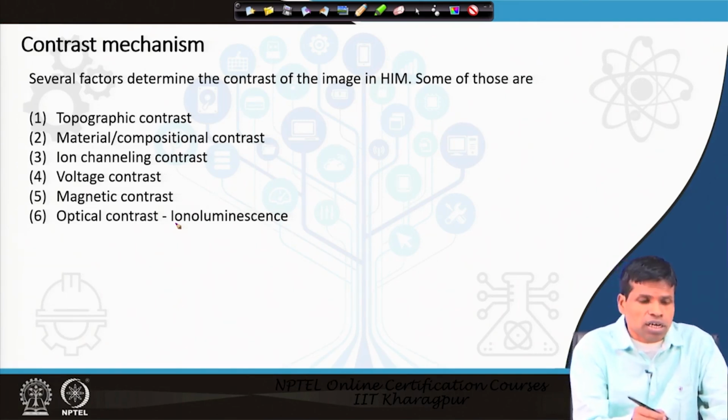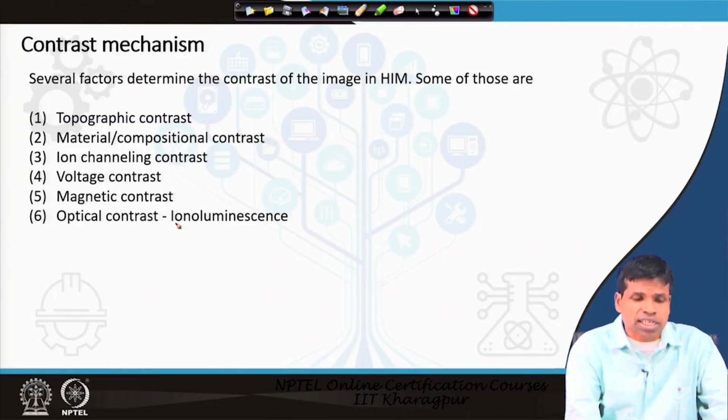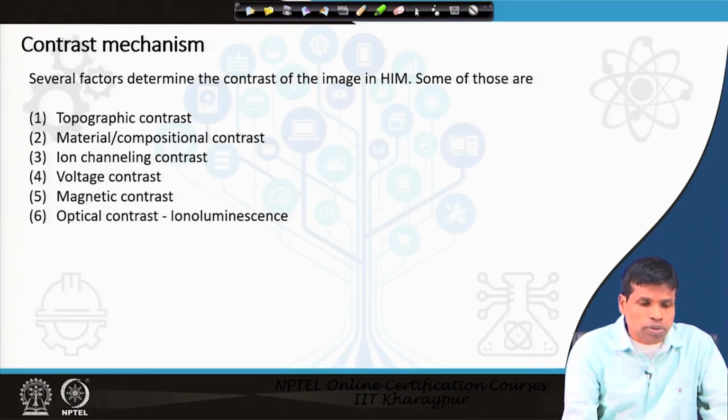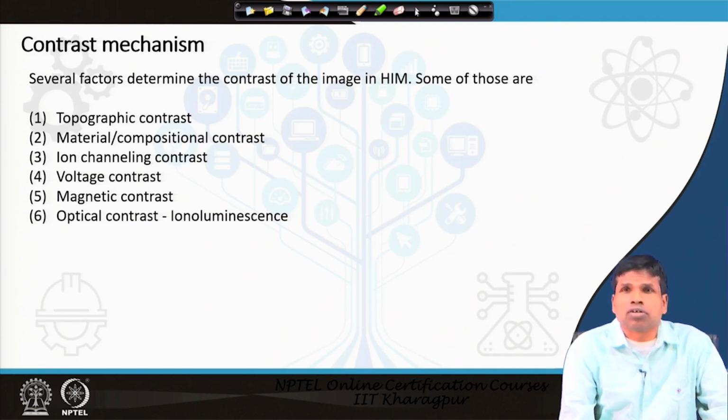We will only discuss the top 3, and the discussion is also similar to scanning electron microscope, but for the sake of showing the superiority of the helium ion microscope, we will discuss the first 3 contrast mechanisms.